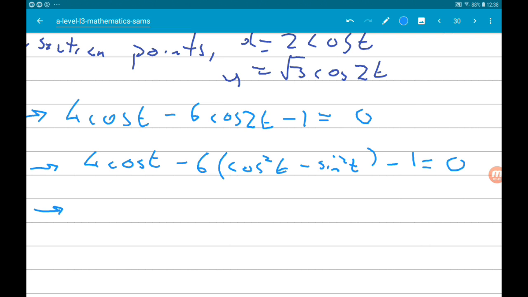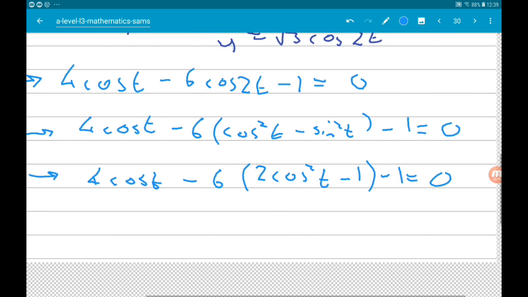So this then is 4 cos t minus 6 lots of cos squared minus 1 minus cos squared. So that's going to give us 2 cos squared minus 1, minus 1 is equal to 0.